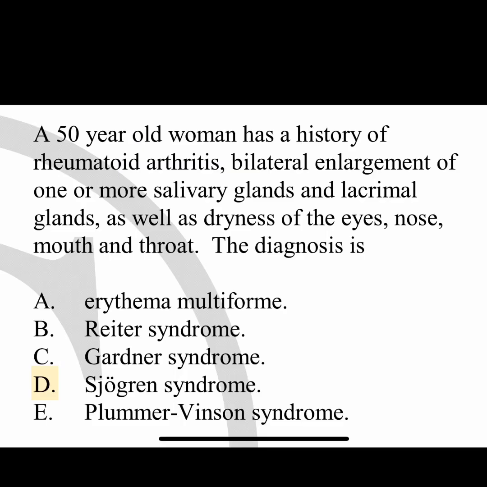A 50-year-old woman has a history of rheumatoid arthritis, bilateral enlargement of one or more salivary glands and lacrimal glands, as well as dryness of eyes, nose, mouth, and throat. What is the diagnosis?